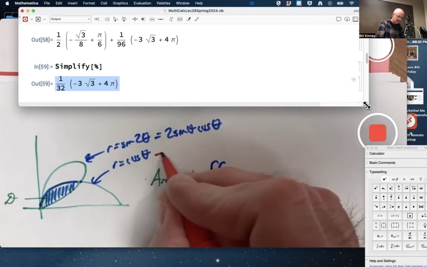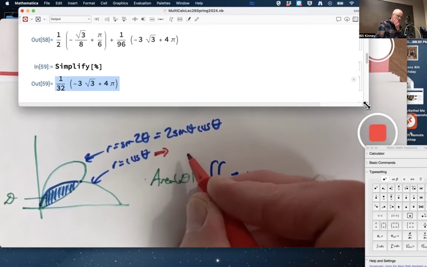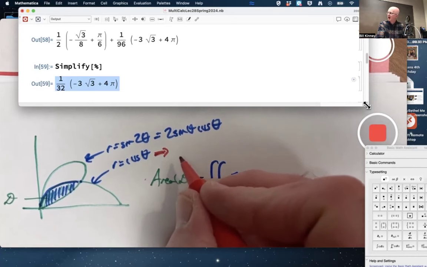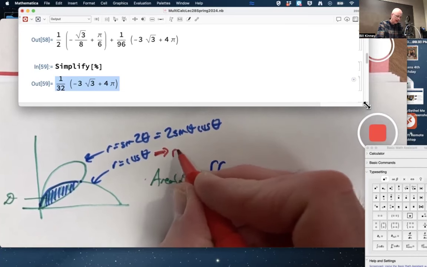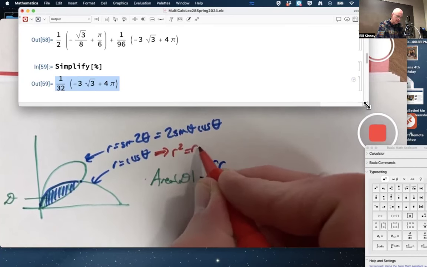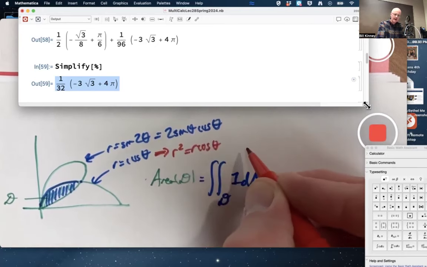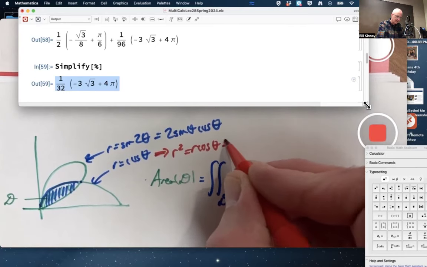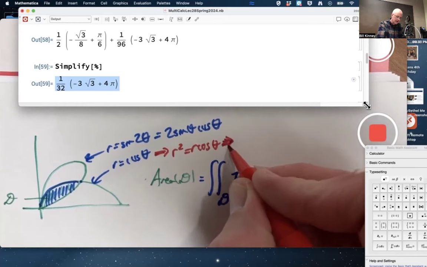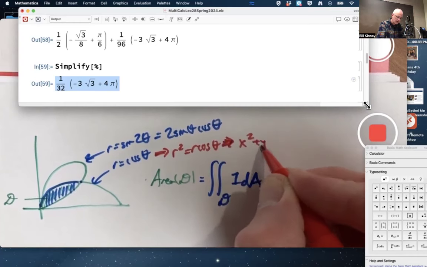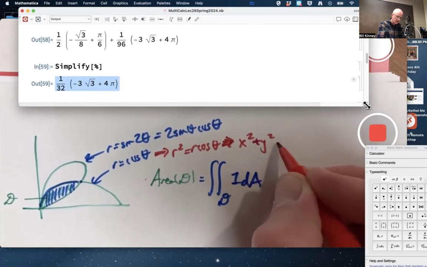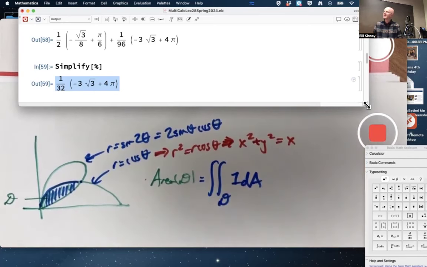With r equals cosine theta, you could, for example, multiply both sides by r and write that equation as r squared equals r cosine theta. And then replace r squared with x squared plus y squared and replace r cosine theta with x. See what I'm doing there?